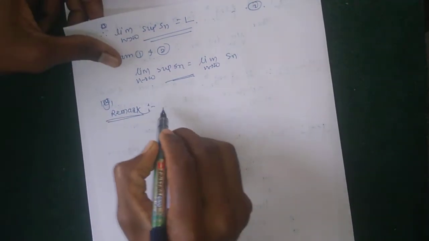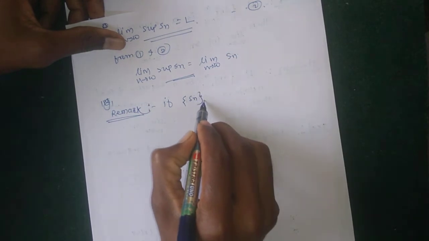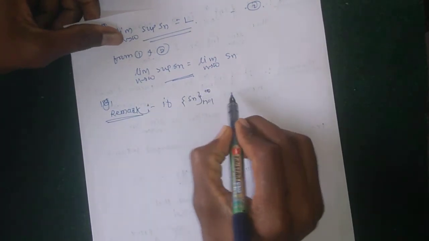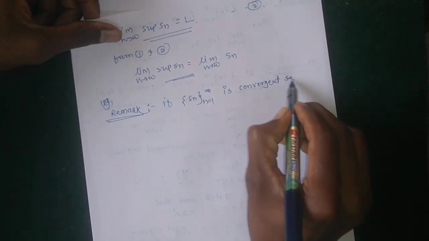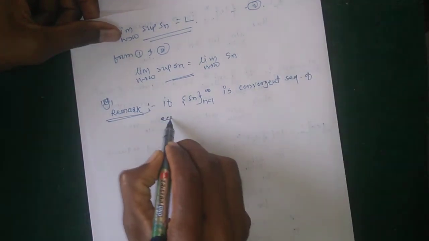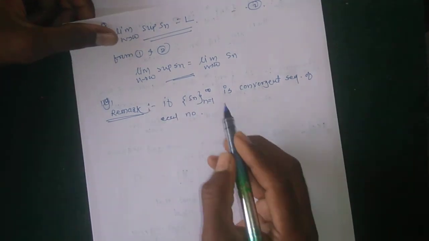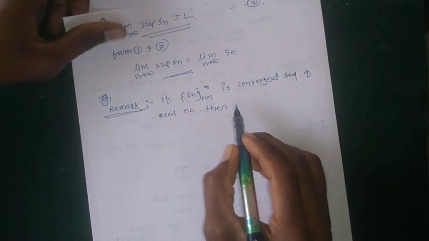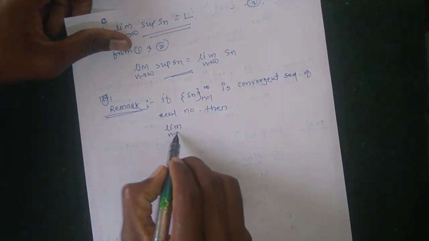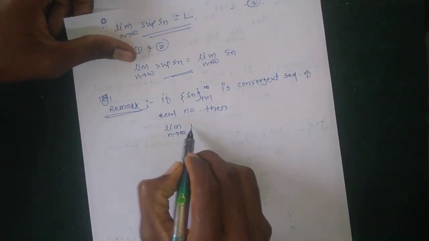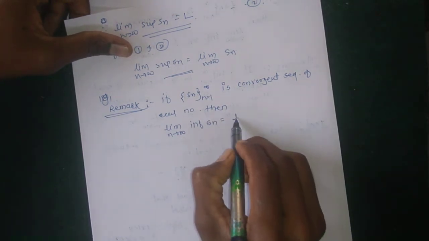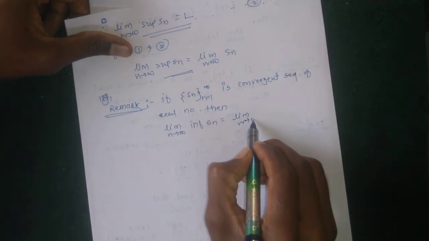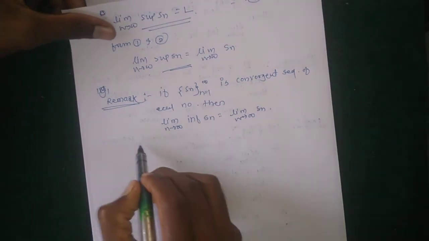Next, if the sequence Sn, where n runs from 1 to infinity, is a convergent sequence of real numbers, then the limit inferior, the limit of the infimum of Sn, is equal to the limit of the sequence Sn. Their proof is similar.